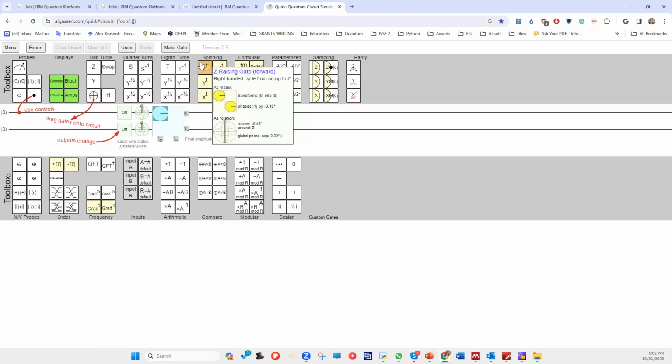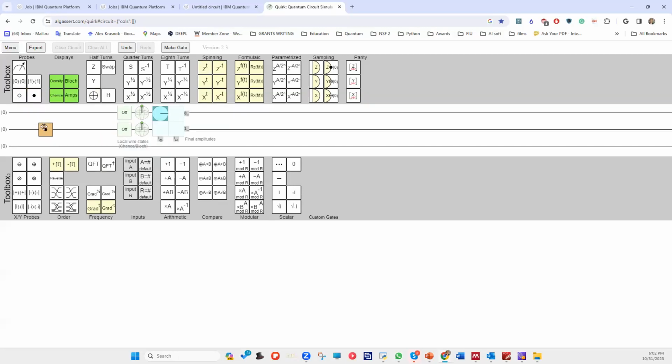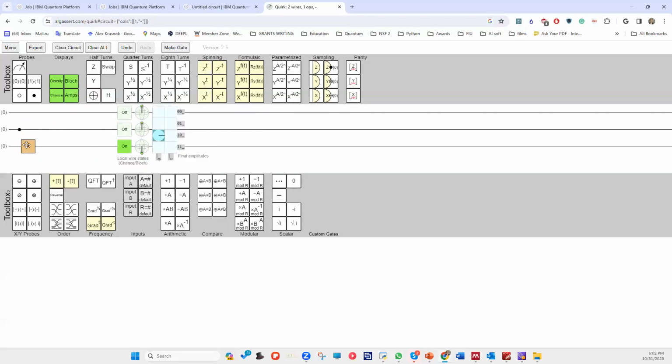All right, so in order to create the circuit that implements this quantum teleportation, I first need to create a third qubit here. How do I do so? I can do it, for example, by creating the entanglement between the second and third. Then I need to entangle the first and the second.